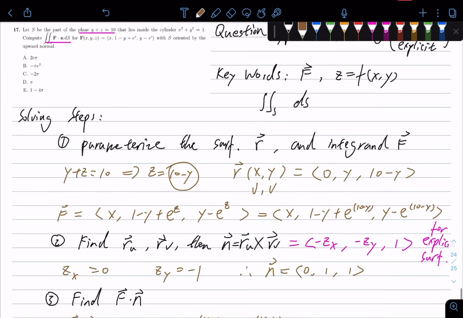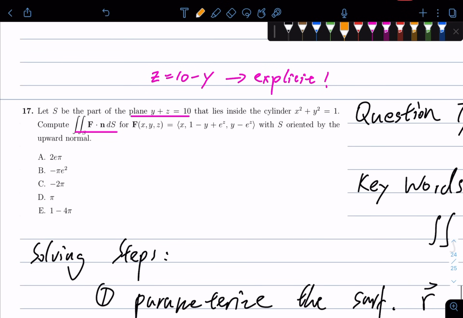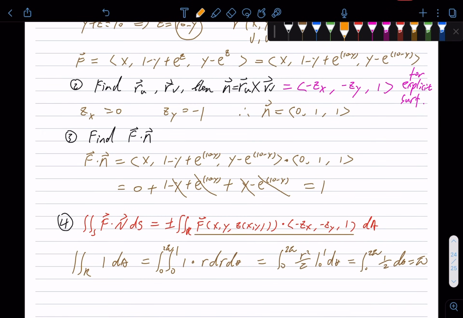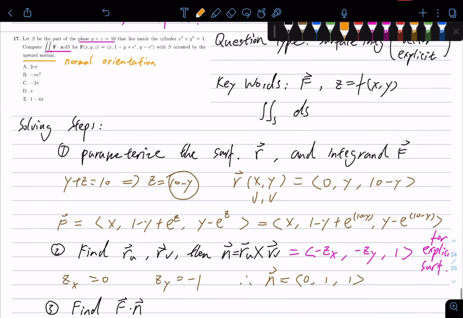One more thing to note is this question is asking for the upward normal. When we parameterize this surface, upward normal is usually the normal orientation of the surface.